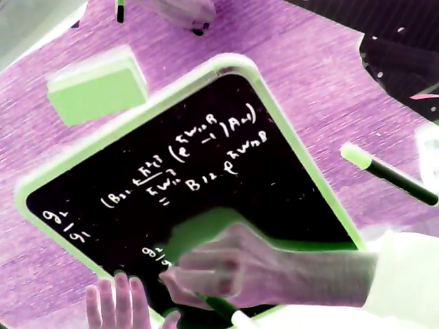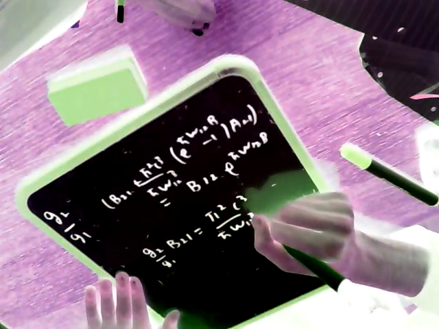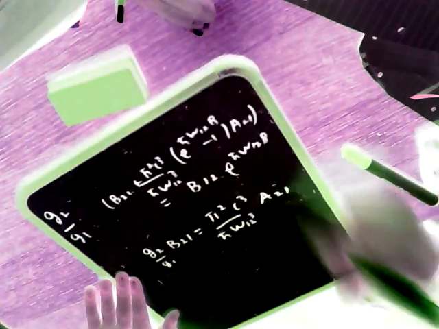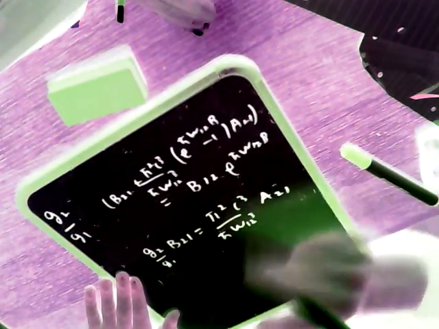So let's do that. Let's first of all equate constants. We have that G2 over G1 B21 must equal pi squared c cubed over h bar omega 1 2 cubed times A 2 1. And then we also equate coefficients of this exponential.